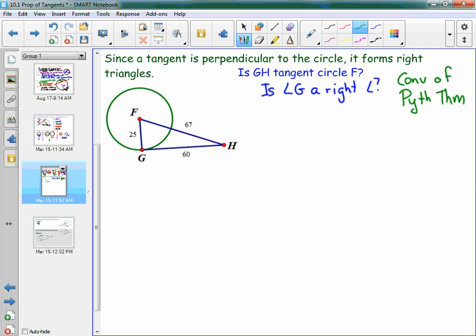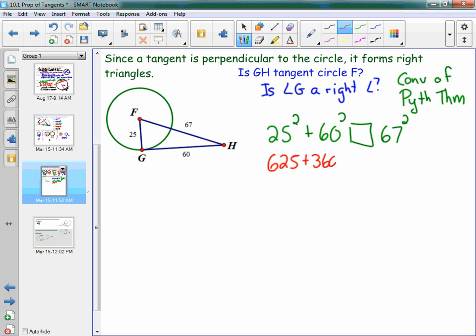So we will say that 25 squared plus 60 squared, and compare it to 67 squared. If they're equal, it's a right angle. If it's not equal, it's not a right angle.